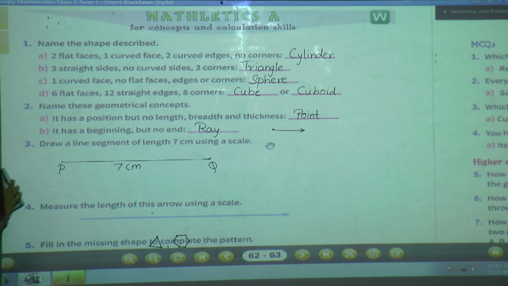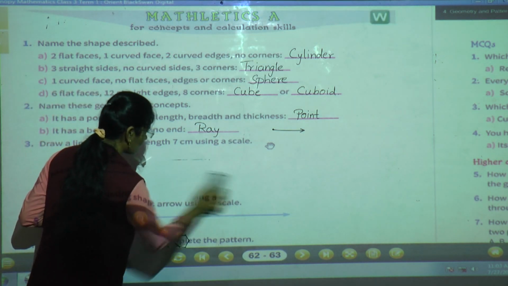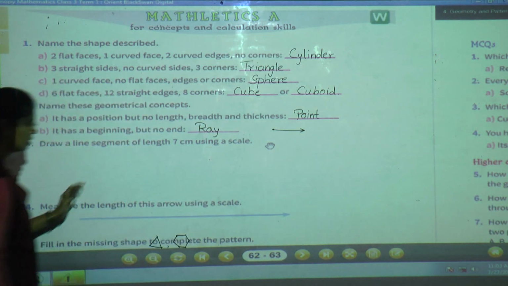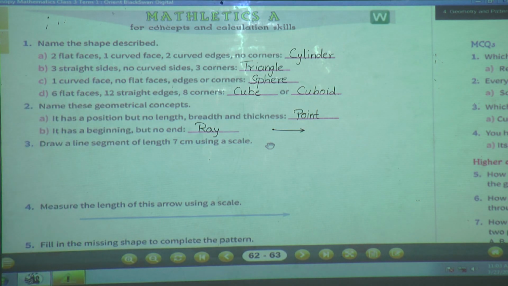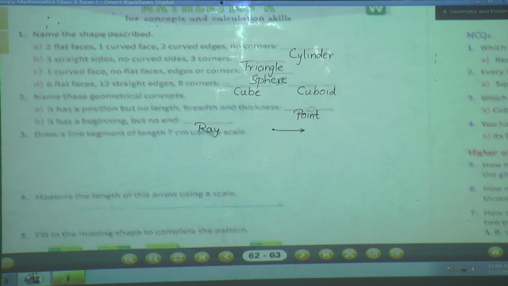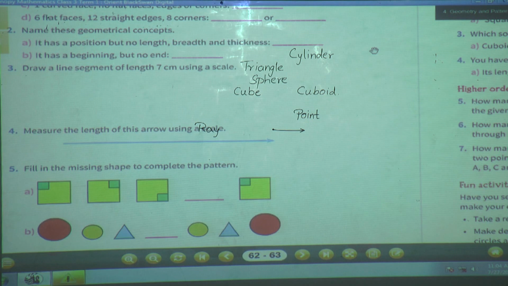The question is, measure the length of this arrow using a scale. Here they have given us a ray or arrow, and we just have to measure the length of this arrow. Okay, now I'll measure the length of the arrow.